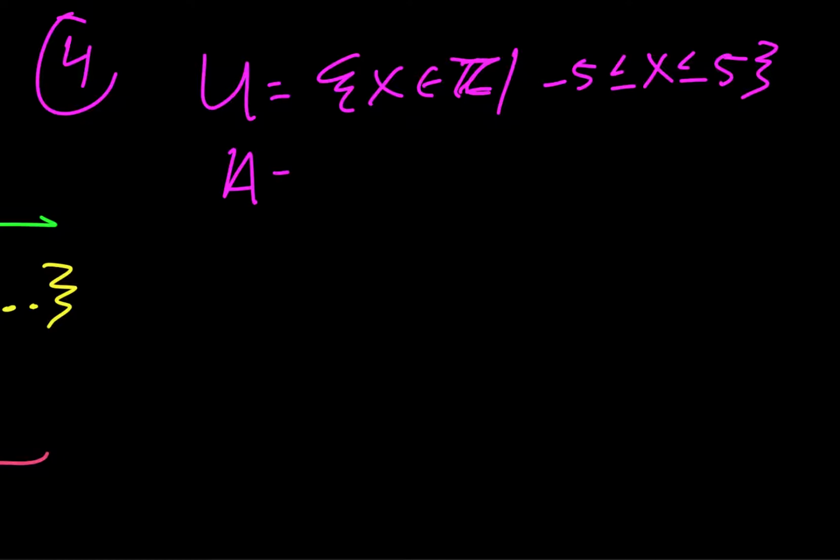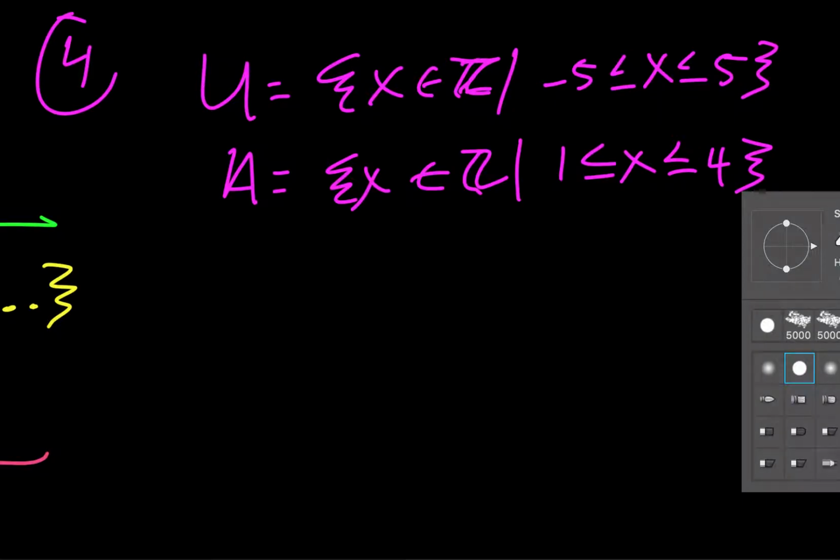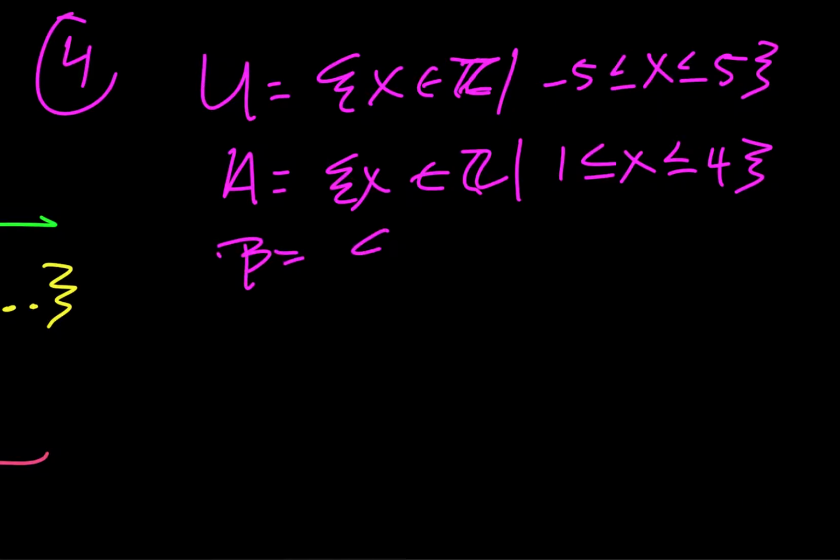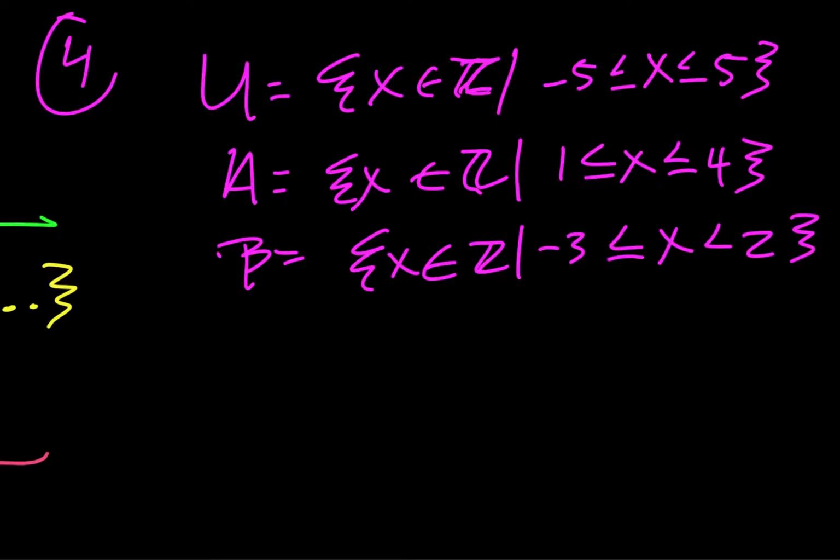We're given A, and we're given B. Okay, and then we want to list the elements of each thing that they ask for. So list the elements of A. Once again, it's on the integers, and these are both equal to. So A is going to be 1, 2, 3, and 4.